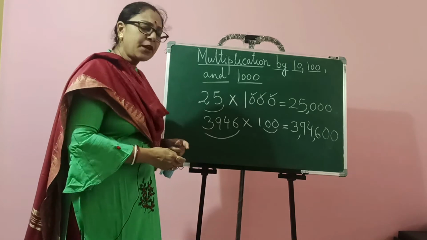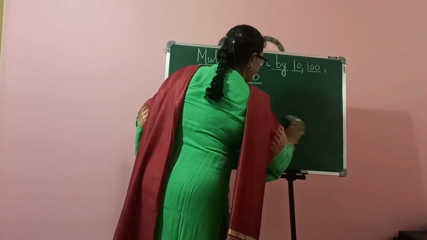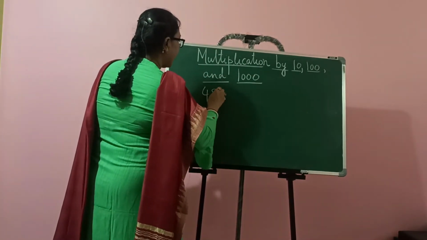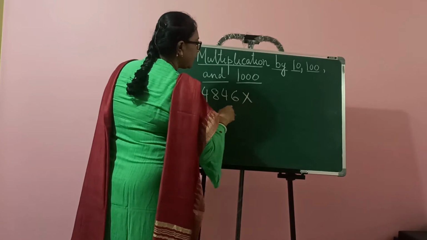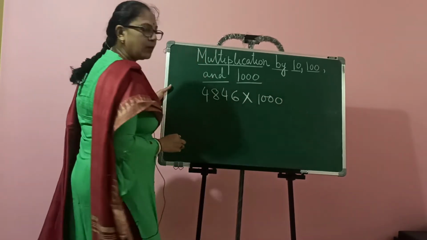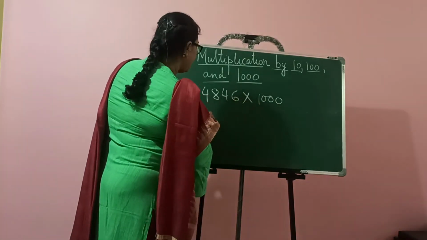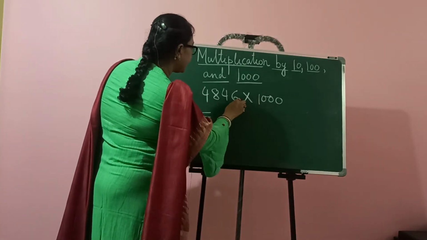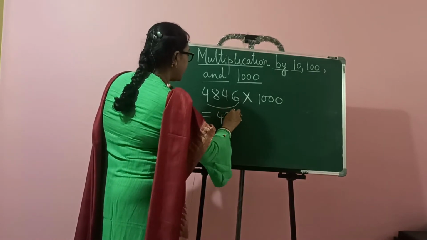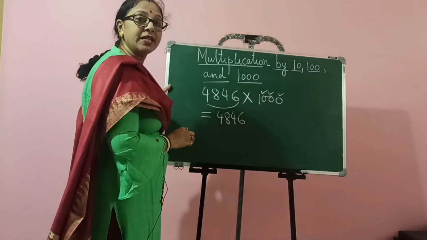In the same way, suppose you have to multiply a number by 1,000. Say you have 4,846 to be multiplied by 1,000. What we do is, we first write the non-zero number, which is 4,846, and count the number of zeros that 1,000 has.